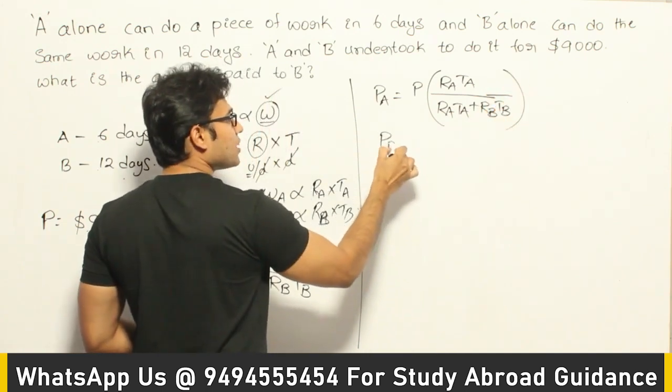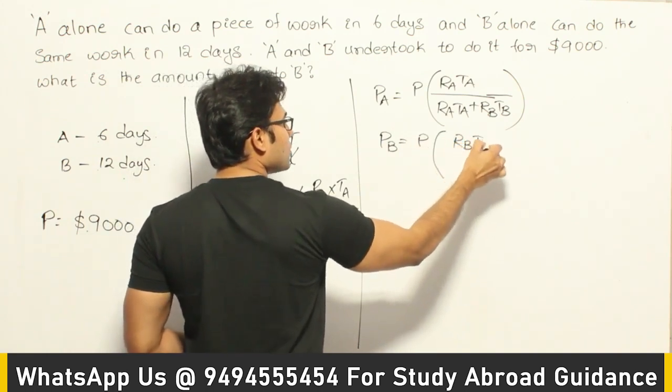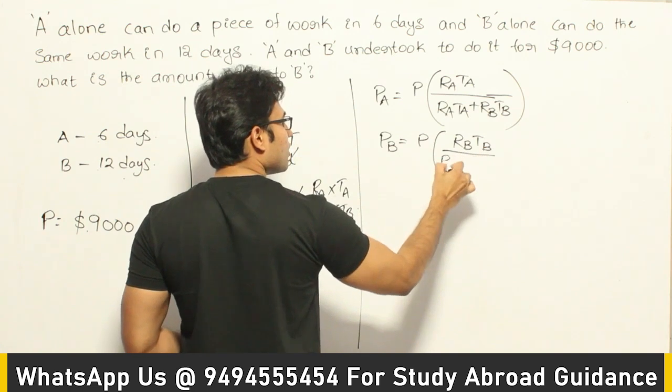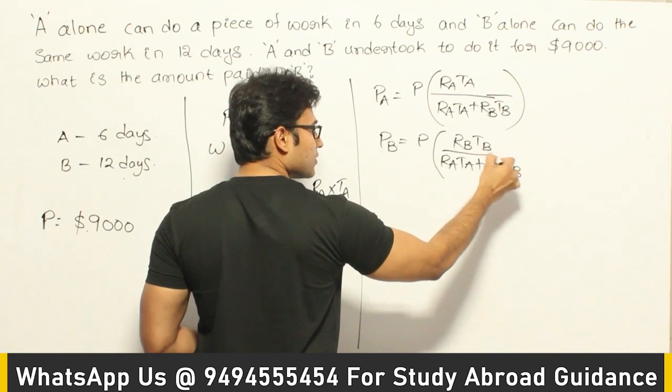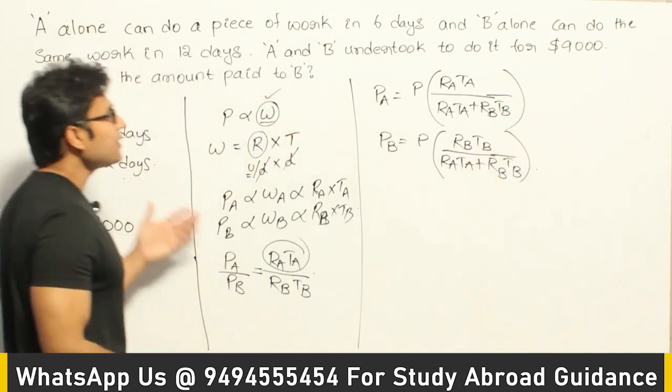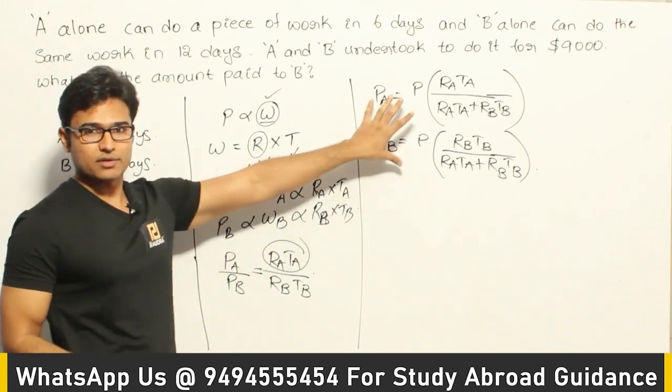And the payment that B is going to get, out of the total, is RB into TB divided by RA into TA plus RB into TB. Let's analyze this problem now. This is how you are going to find out the payment, right?